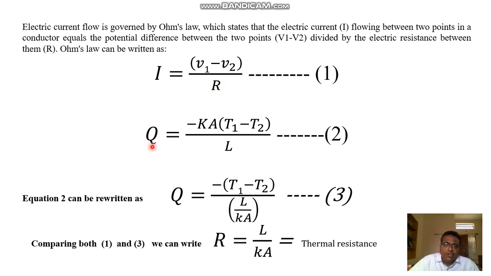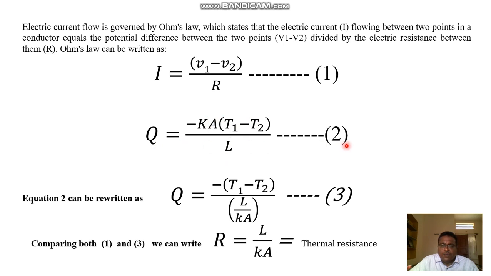Whereas the conducted heat Q is given by Q equal to minus KA into T1 minus T2 divided by L, as per Fourier law of conduction. The minus sign is there to make the entire answer positive, since heat flows from higher temperature to lower temperature.